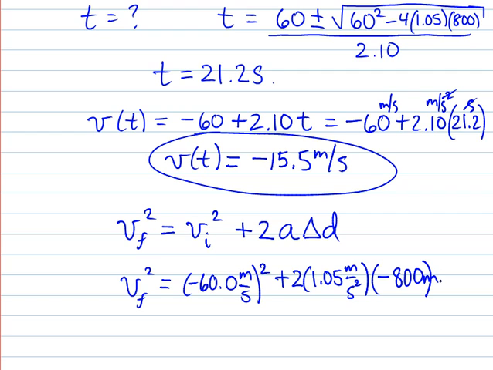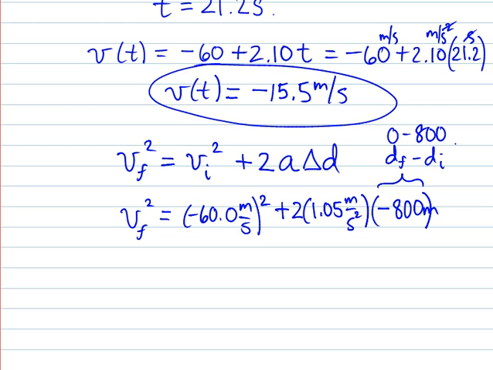Okay, another way to think about this is d final minus d initial. So that's 0 minus 800. Okay, and so then we can calculate this, and v final squared is 3600 plus 2.1 times negative 800.